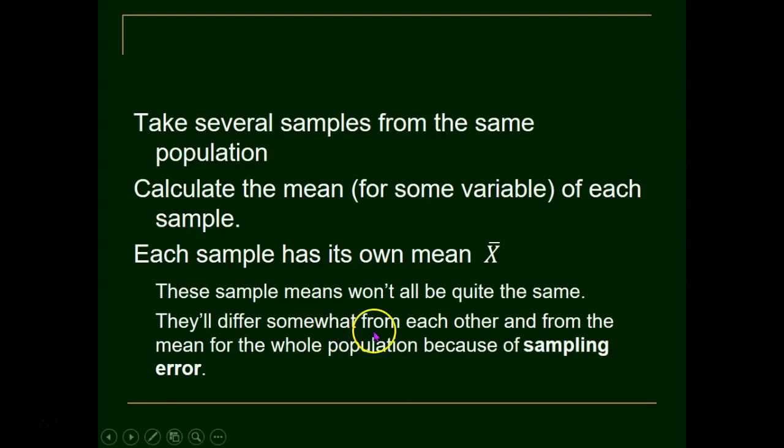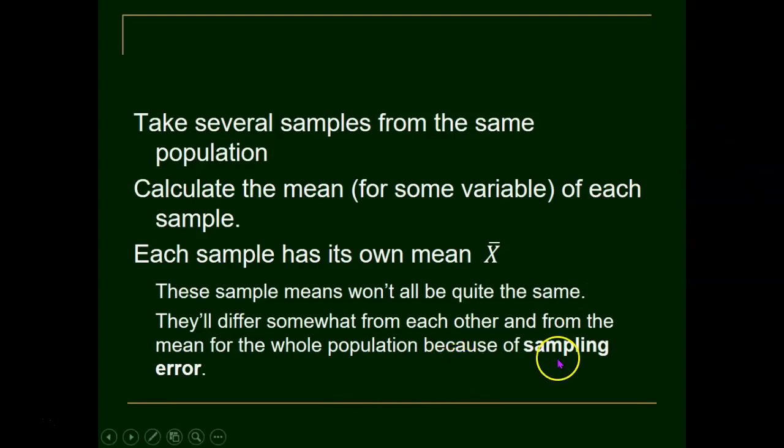They'll differ from each other and from the mean for the whole population. The mean for the whole population, remember, was 15.5. So that's the average height of all the flowers in the whole meadow. But some of those groups of 12 had an average height that was a little more than that. Some of them had an average height that was a little less than that.